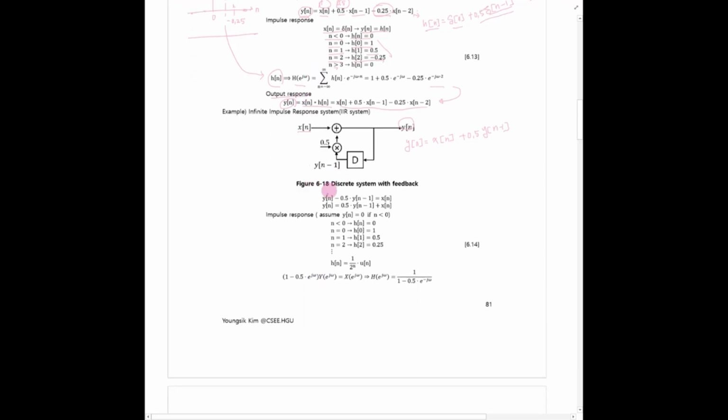Then what is the impulse response of this one? We assume that the input is an impulse. If n is less than 0, x[n] is 0, so obviously the output is 0. Okay, n equals 0, then I can rewrite this one, h[n] equals delta[n] plus 0.5 h[n minus 1].